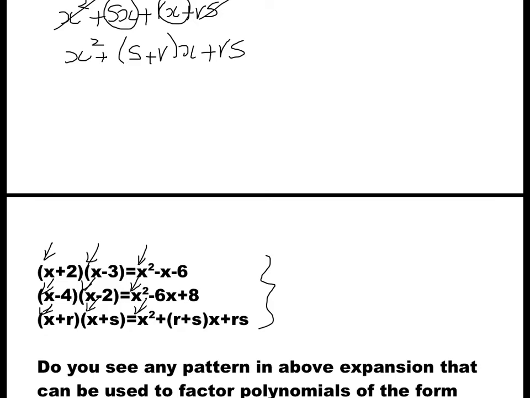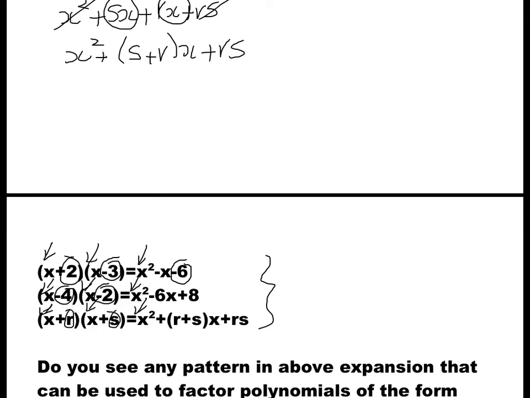The other thing is that if you look at these constants within the brackets, when you multiply them together, plus 2 times negative 3 gives you negative 6.